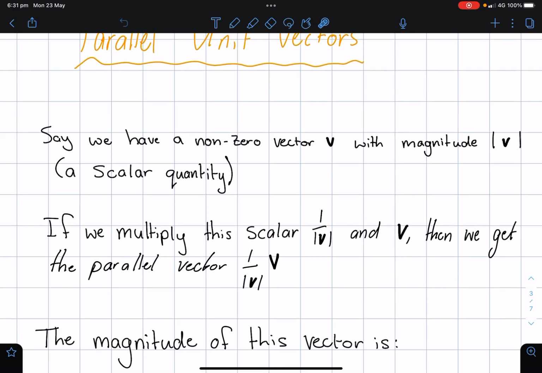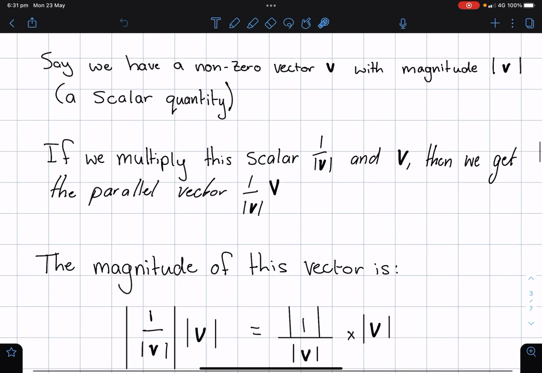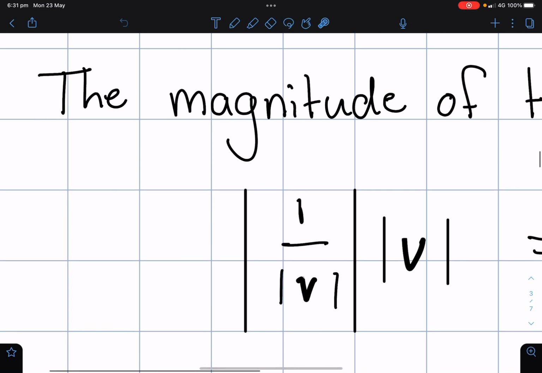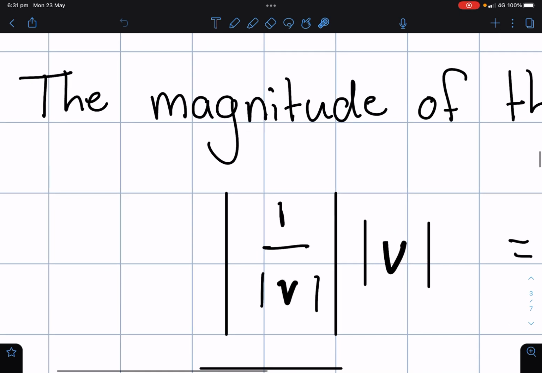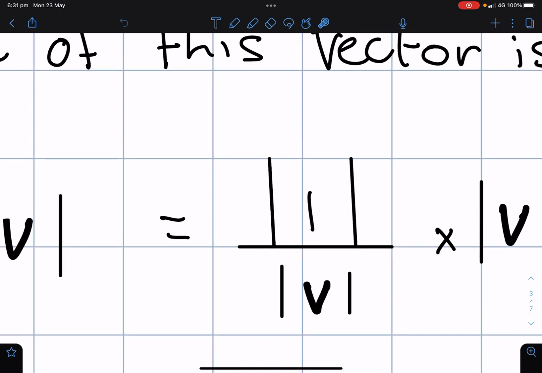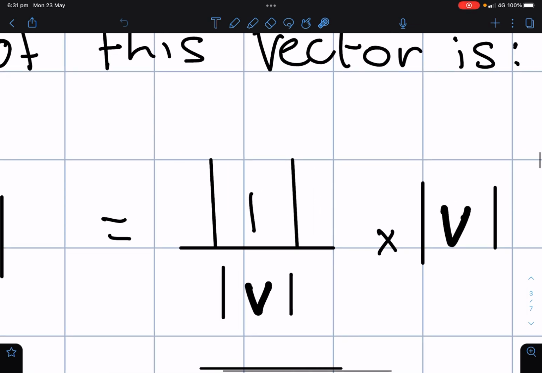So we're going to take the magnitude of this parallel vector. Over here, we've taken the modulus of both terms. So the modulus of 1 over the magnitude of v, multiplied by the magnitude of v. We can split up these moduli on the fraction: mod 1 divided by the magnitude of v, times the magnitude of v.